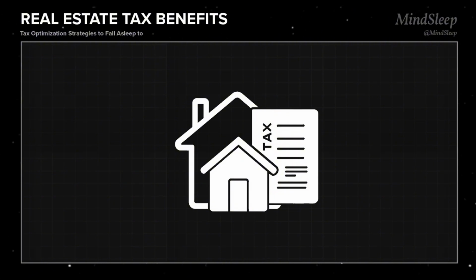While the building structure itself might be depreciated over 27.5 or 39 years, many components within the building can be classified as personal property or land improvements, which have much shorter depreciation periods. For instance, carpeting, certain lighting fixtures, or landscaping might be depreciated over 5, 7, or 15 years.